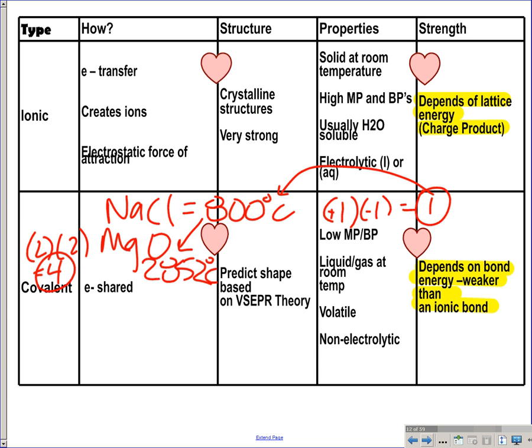Chloride has what? Okay, 1. So that's a 2. So who would have a higher lattice energy? Aluminum oxide. Easy. Just got to know the rule. That's it. Question? Okay, moving on.